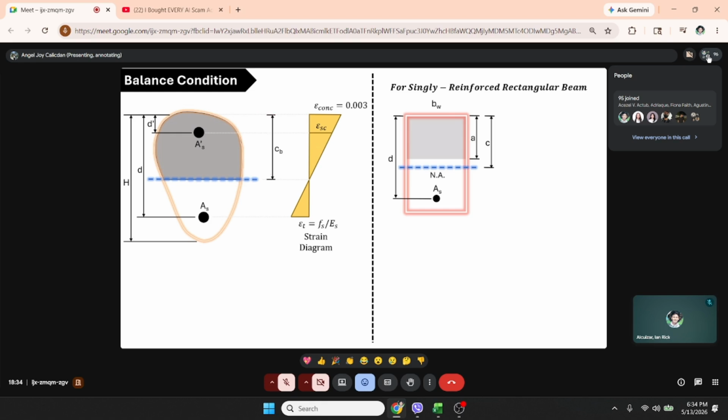And we have the distance from the extreme compression fiber to the neutral axis, cb, at balance condition. And this distance is d minus cb. And by ratio and proportion, cb over 0.003 equals d minus cb over Fy over 200,000.